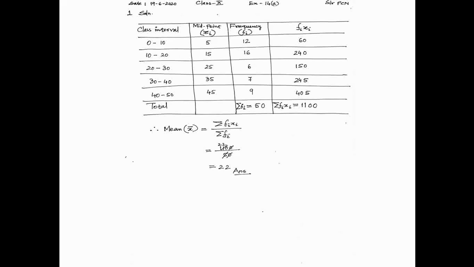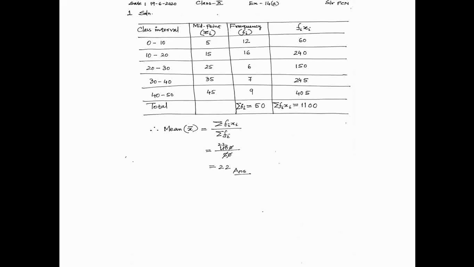These three methods are: one is direct method, one is assumed mean method, and another one is step deviation method. So in this direct method, see in question number 1, it is given class interval and frequency.